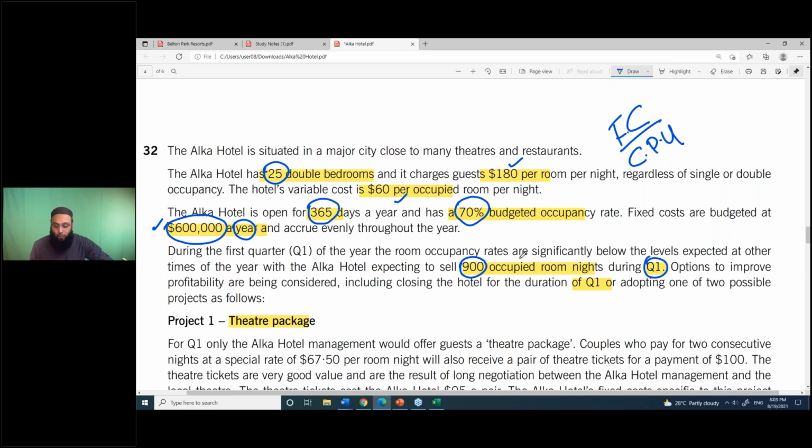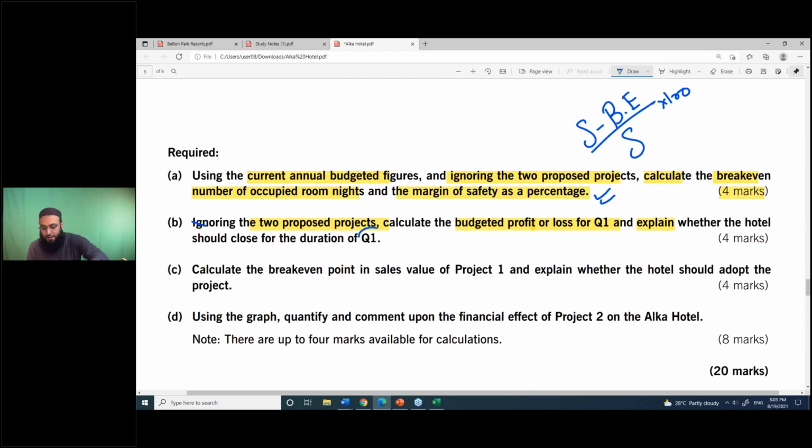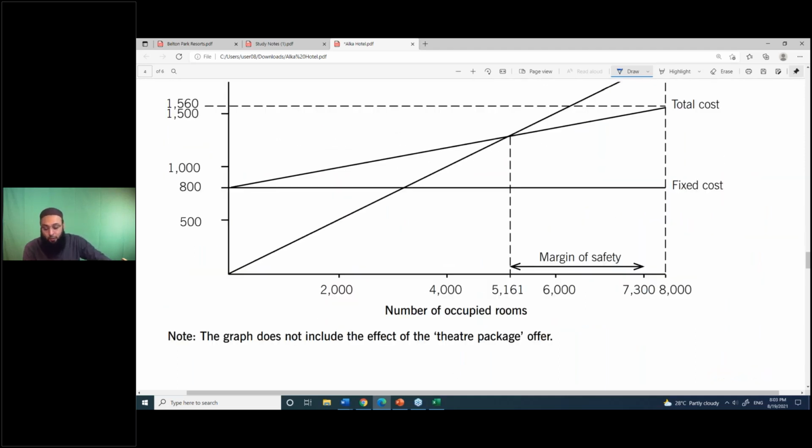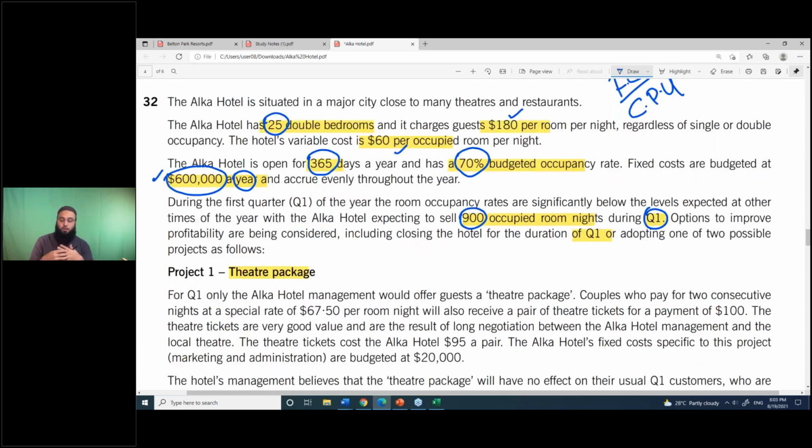You can see here as well, it is written for quarter one. So don't be misguided in this case. It's quarter one. So the fixed cost that is given is an annual one, and you cannot use this annual one. You have to prorate this into 4 quarters. That is for the 3 months.